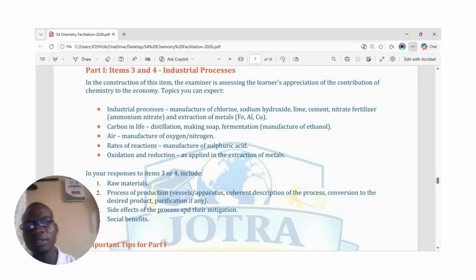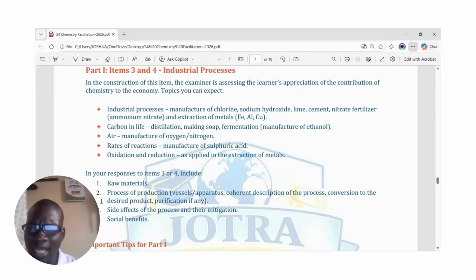If you're talking about manufacture of chlorine, give us the side effects and how you can mitigate them. If you're talking about manufacture of sodium hydroxide, give us the side effects and how we can mitigate them. Lastly, the last component within your response is the social benefits. You need to give us the social benefits of the process of production to the community or to the people around.